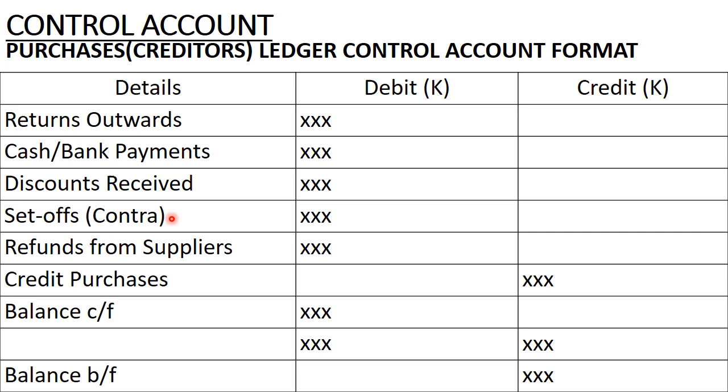Then set-offs. So set-offs are a situation where a customer or a business is both a customer and also a supplier. A situation where the business sells and buys from the same company.